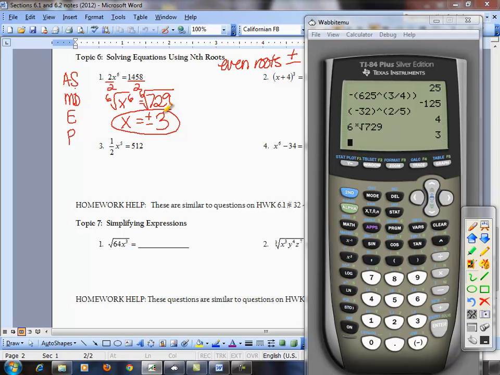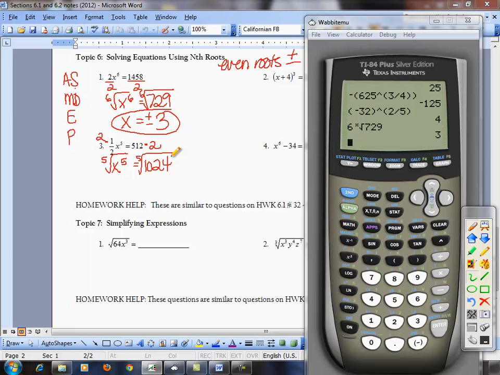Okay? Now, while I can see number 3, let's look at number 3 a second. If I look, I have multiplication of 1/2. So I'm going to multiply by its reciprocal of 2. So x to the 5th equals 1024. And in order to get rid of the 5th power, I take the 5th root.